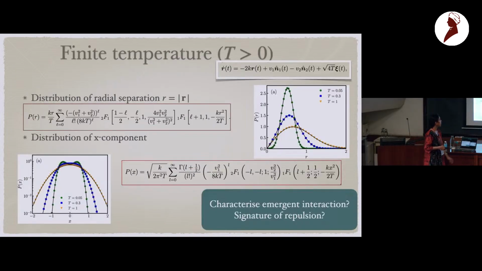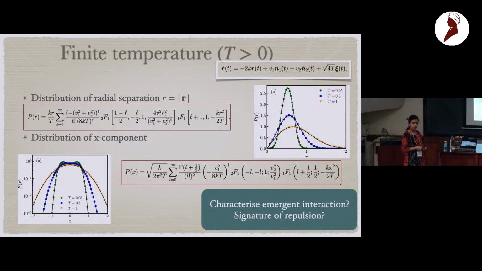Okay. So next, we ask the question whether this repulsion also survives in the presence of finite temperature, and the answer turns out yes. Sorry, wait a second. You say that they cannot come close if V1 is not equal to V2, yes. Yes, there is a repulsion.